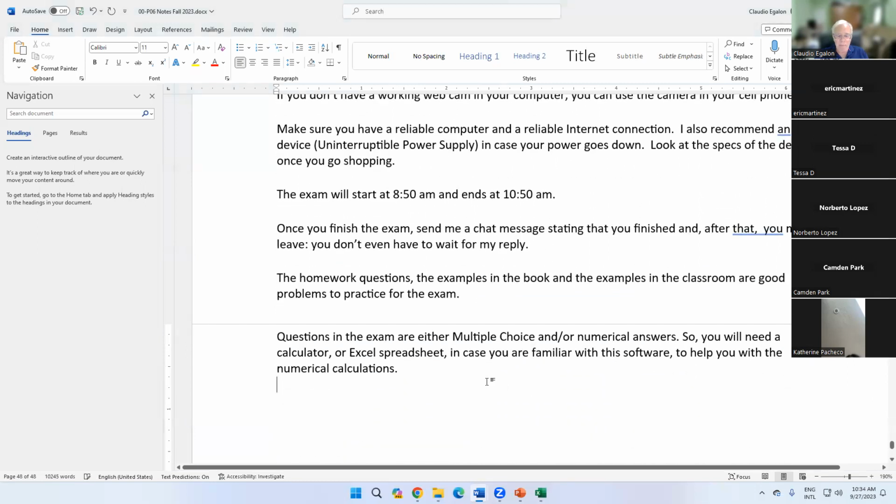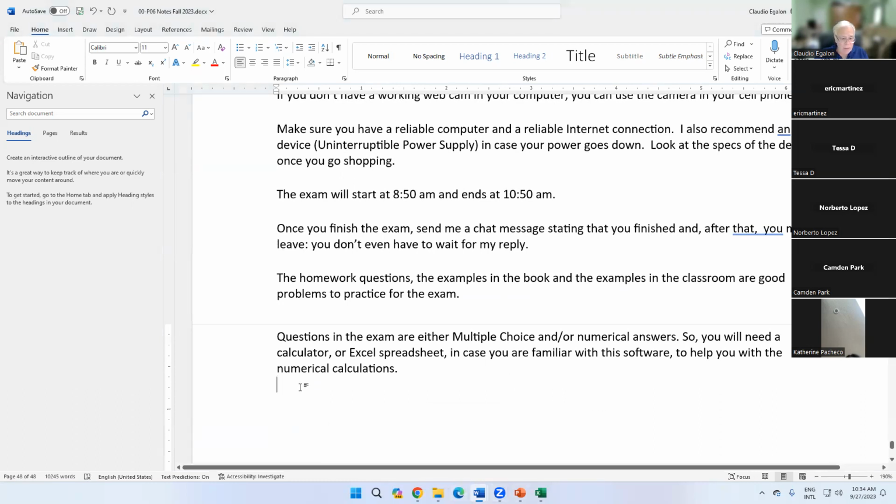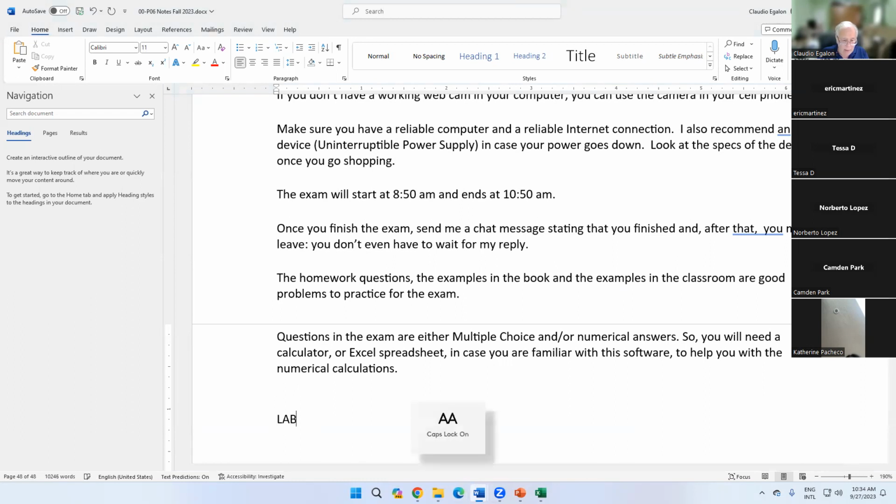Can we move forward now? What I want to tell you now, going back to the lab, is that the lab report has two parts: the spreadsheet, and what you can put between quotes as a hard copy.